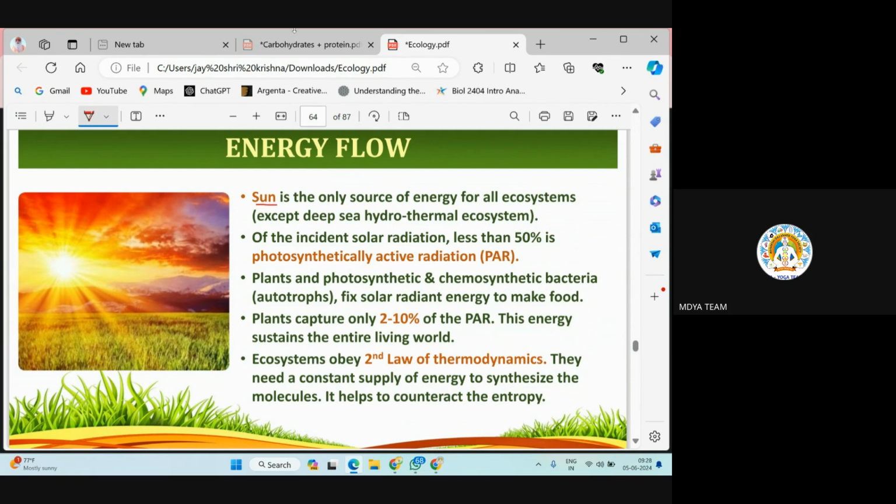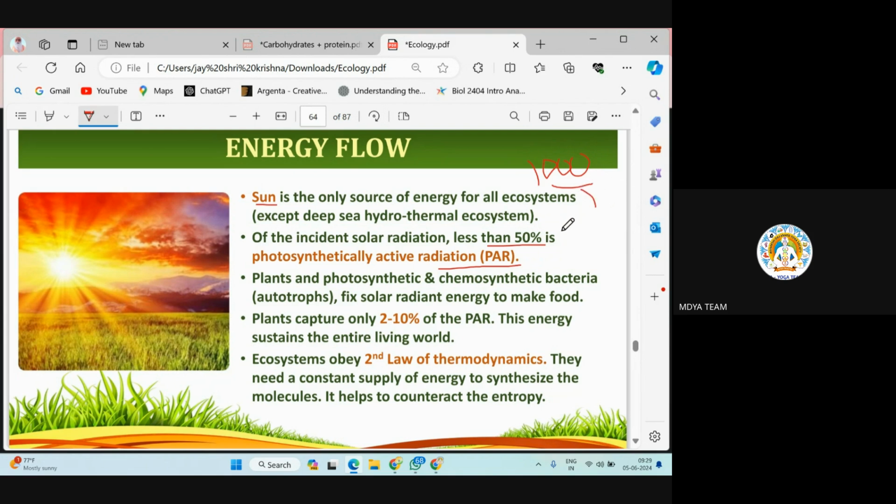So only 50% of solar radiation plants can use for photosynthesis, and this radiation is known as photosynthetically active radiation. Now, out of this PAR, for example, a thousand joules of light is coming from the sun.